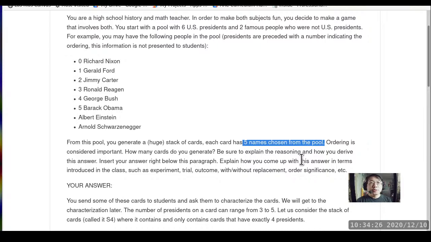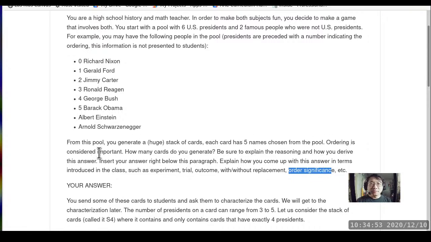Okay. So now what we know is there are 5 trials in one experiment. We know it is without replacement. Once a name is chosen, it cannot be chosen again. So a name can only appear on a card up to once. And also, ordering is significant because it is actually written here in the question that ordering is considered important.